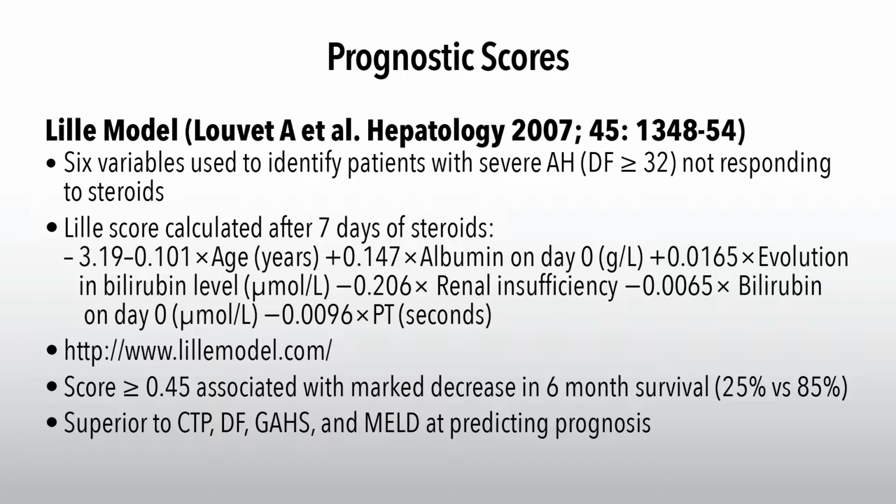The general rule that I use is a 30% reduction in that score, and a 30% reduction in bilirubin is ideal. But if that score is greater than or equal to 0.45, it's associated with a marked decrease in 6-month survival. Conversely, if you don't hit that milestone with the Lille score, you're going to stop steroids because that intervention has a risk that's much greater than the benefit.